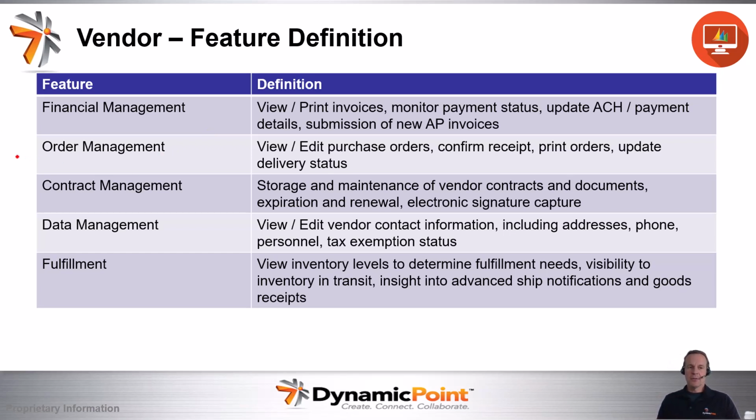Order management: instead of sales orders, these are POs, confirming receipt of POs, print orders, update delivery status. Contracts: instead of customer contracts, they're vendor contracts. Data management: instead of managing customer data, these are vendors managing their own data. And then last, fulfillment.